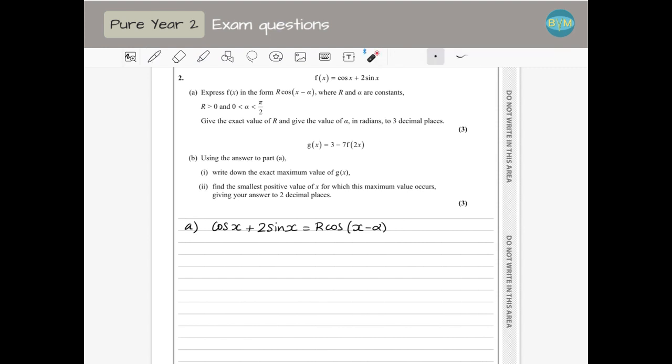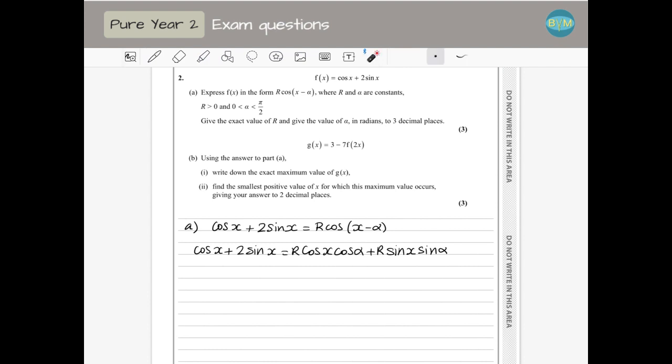We are going to use the addition angle formula for this, which means that cos x plus 2 sine x is R times cos x cos alpha plus, remember, opposite sign when we are working with cos, sine x sine alpha. These formulae are all in your formula booklet, so you don't need to remember them.